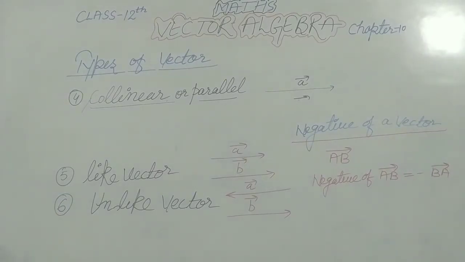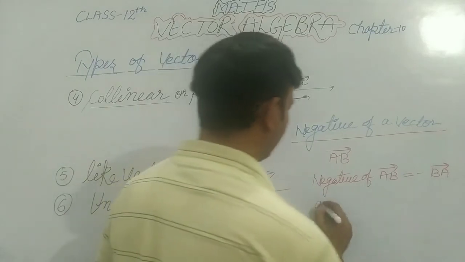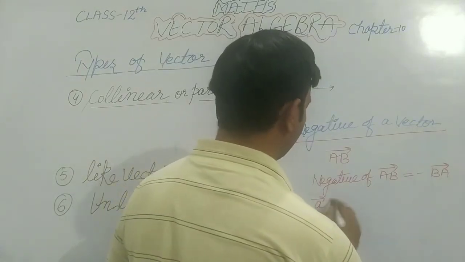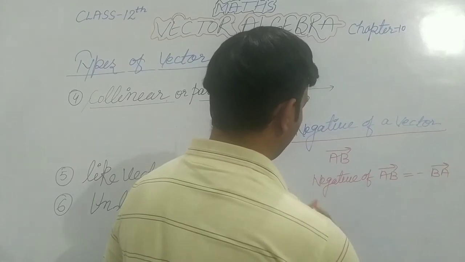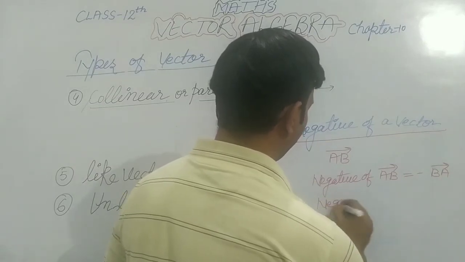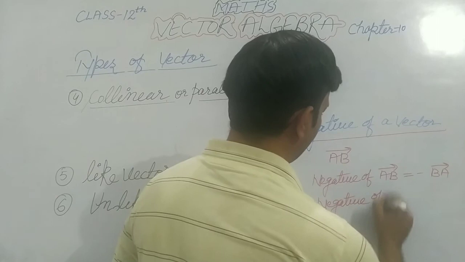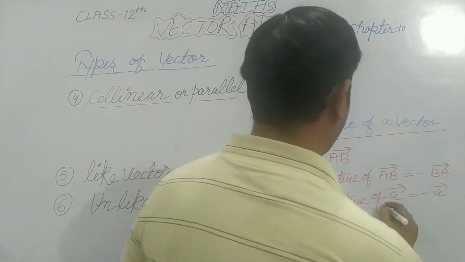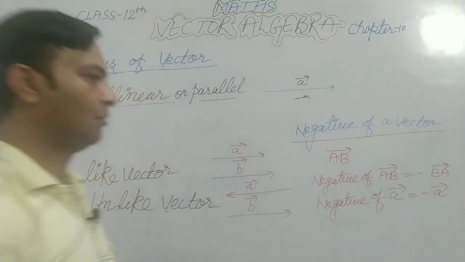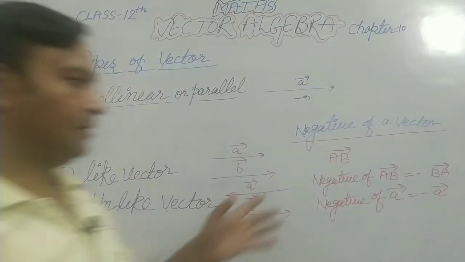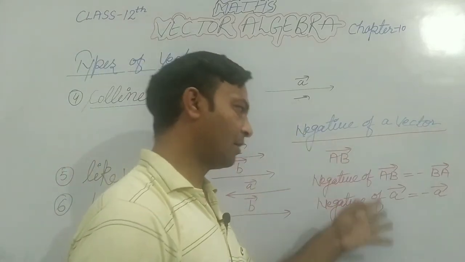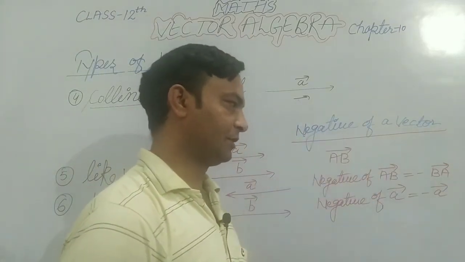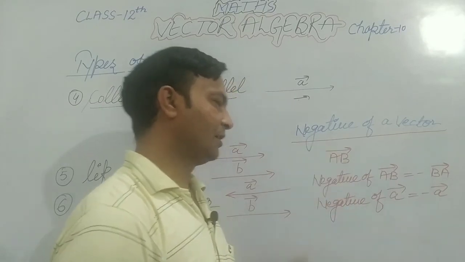And the negative of A vector we can write as minus A vector. So what is the negative vector? The same vector with opposite direction is known as the negative vector.